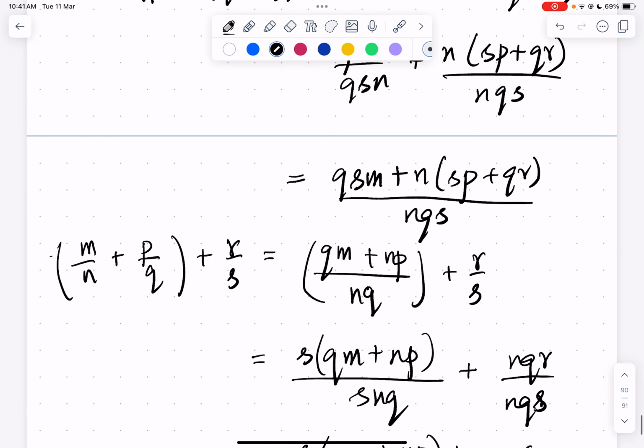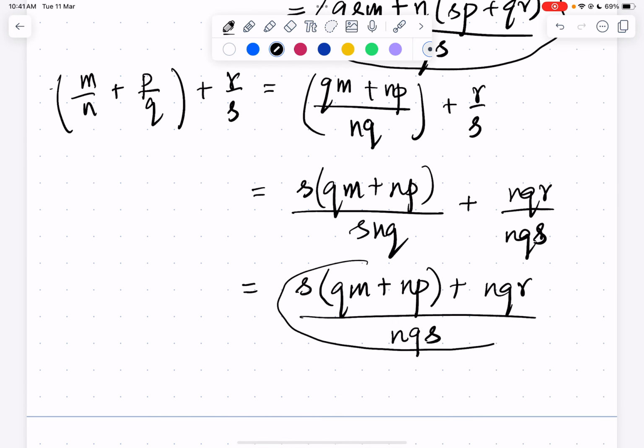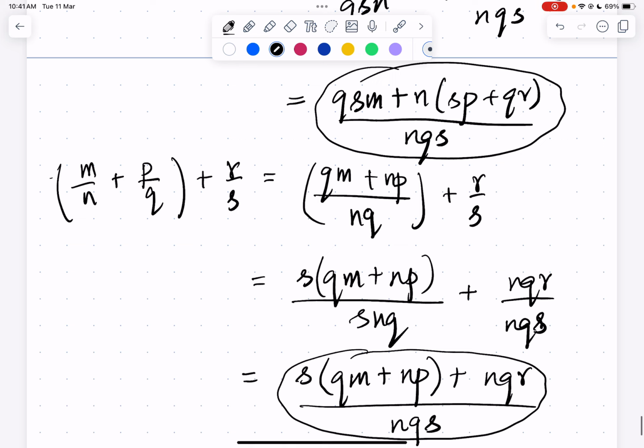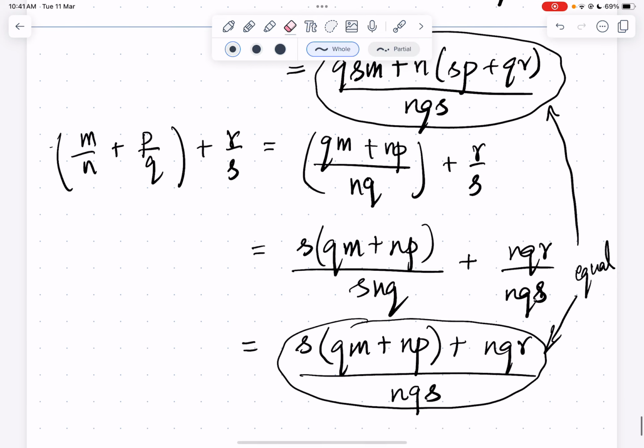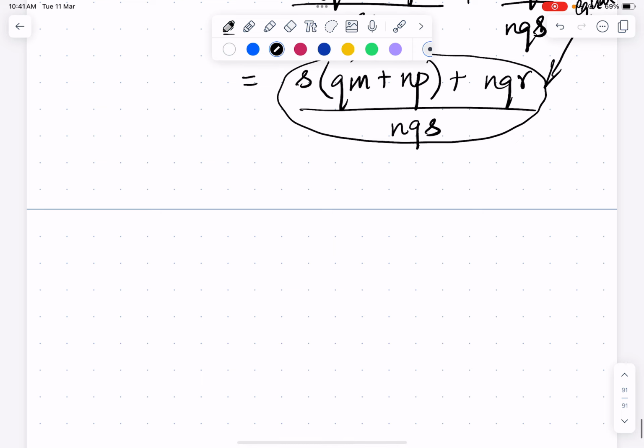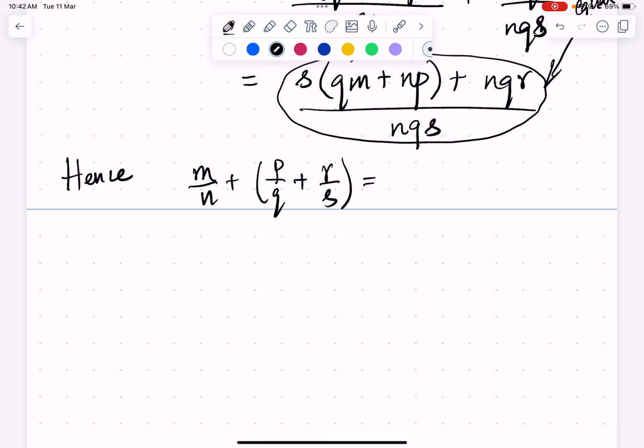Now note that this quantity and this quantity, sqm plus snp plus nqr, the numerators are the same and the denominators are the same. These two quantities are equal. Hence if we add p by q plus r by s first, or if we add m by n plus p by q first, we get the same result in this sum.